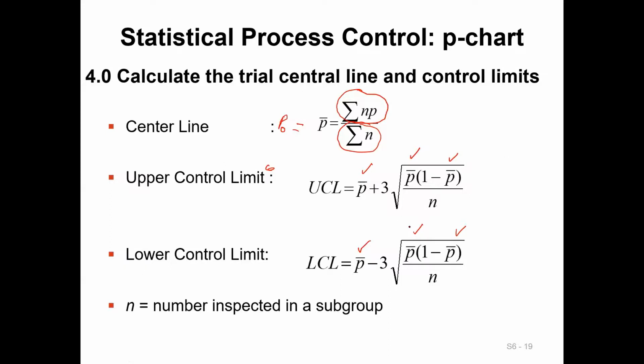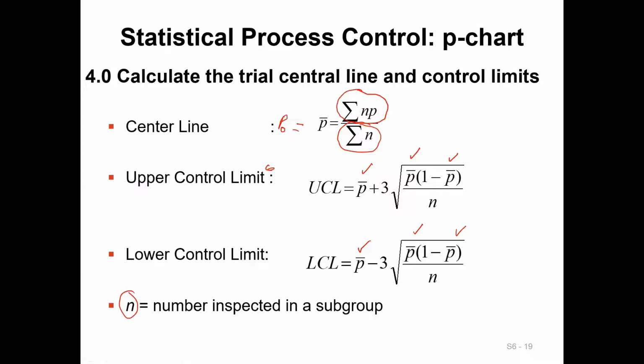n is equal to the number inspected in the subgroup. Bear in mind, we are discussing a P chart used in sampling inspection with consistent sampling size. Consistent sampling size means n will be the same across all the subgroups.